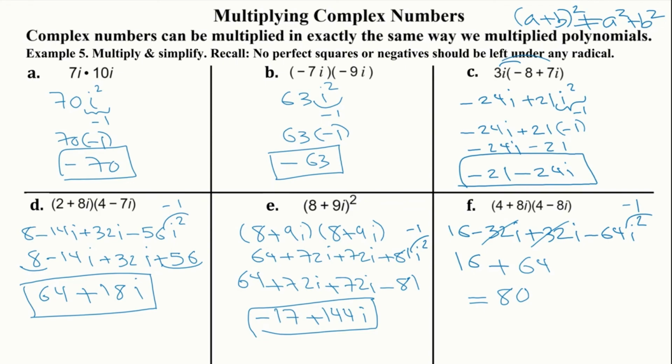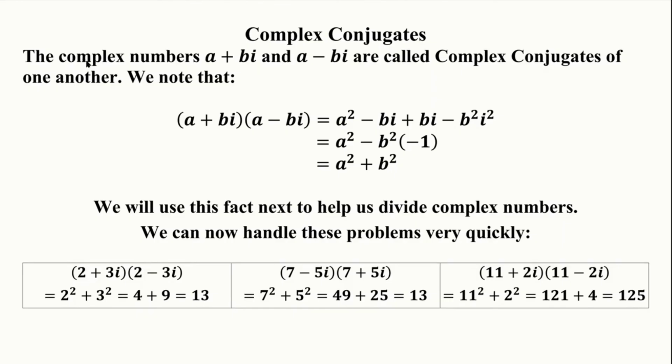So let's move on. All right, as I was saying, the complex numbers a plus bi and a minus bi are called complex conjugates of one another. So it's a mutual relationship. A plus bi is a conjugate of a minus bi, and a minus bi is the conjugate of a plus bi. When you multiply these conjugates, what happened in the previous problem happens every time.